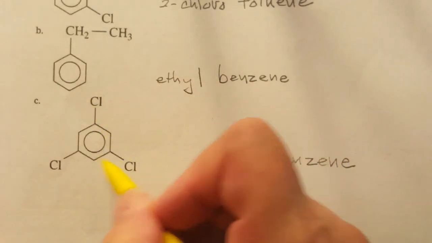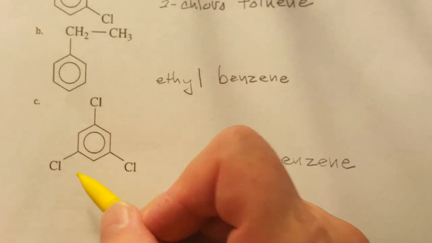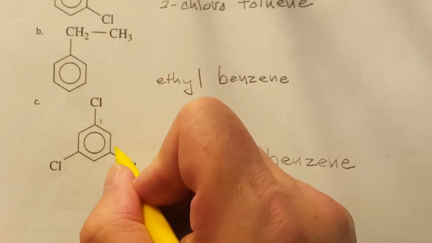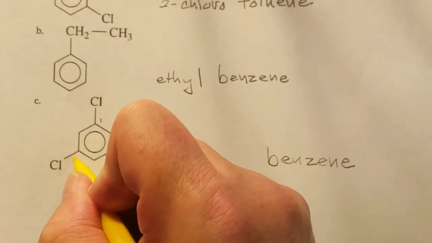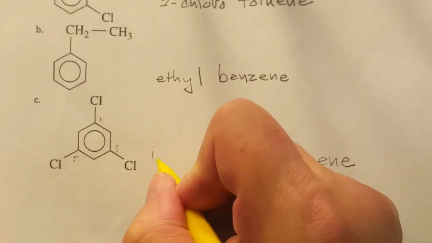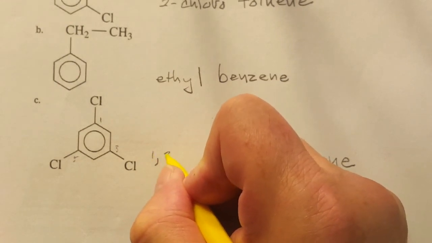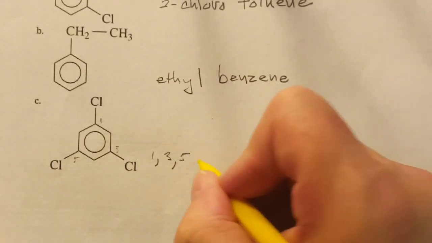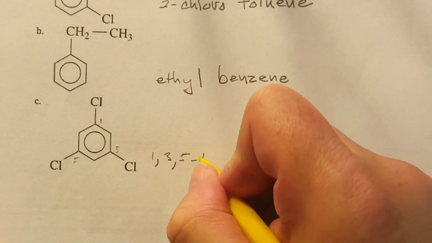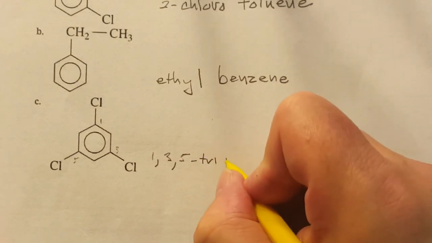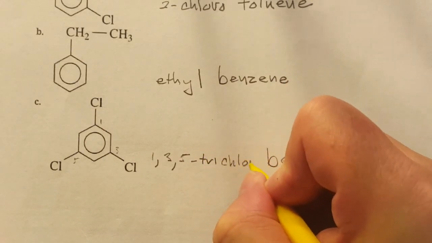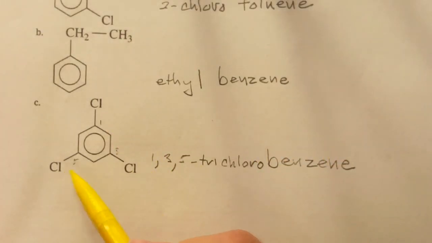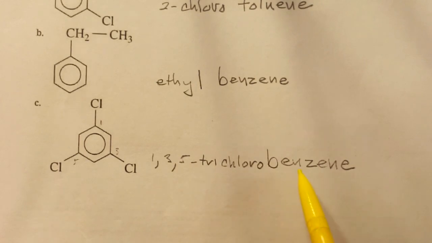Now, there are 3 chloro groups, so that's a trichloro, and they're bonded at carbon 1, 2, 3, 4, 5. So this is 1,3,5-trichlorobenzene.